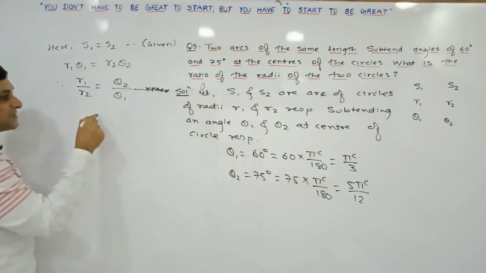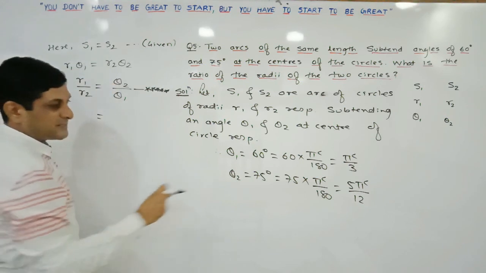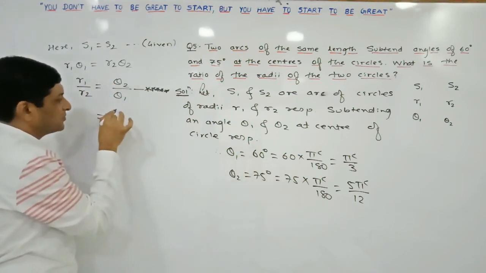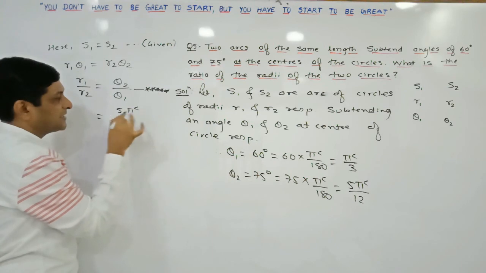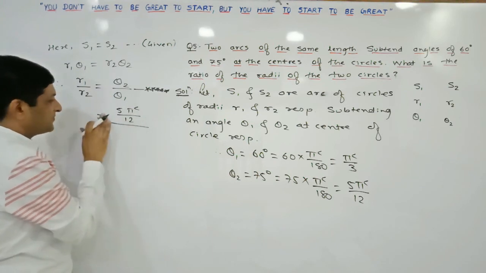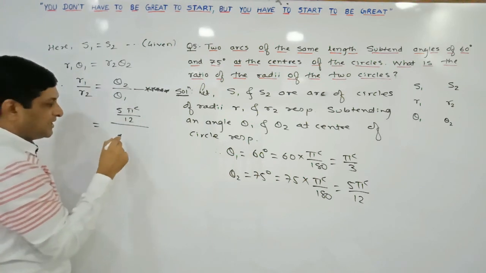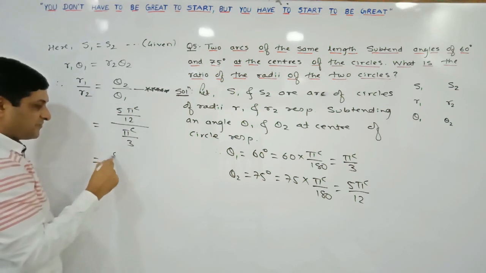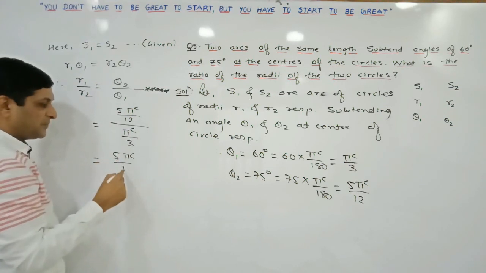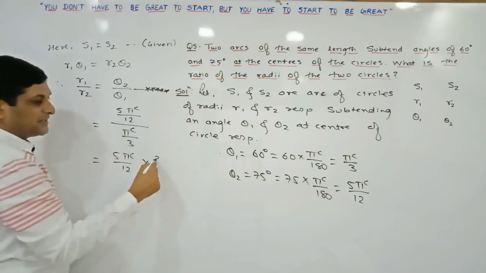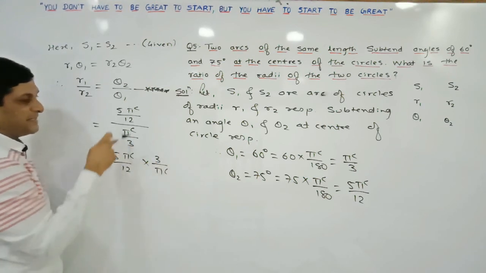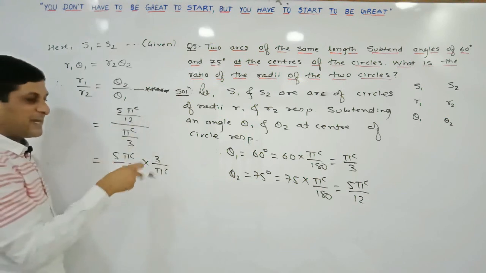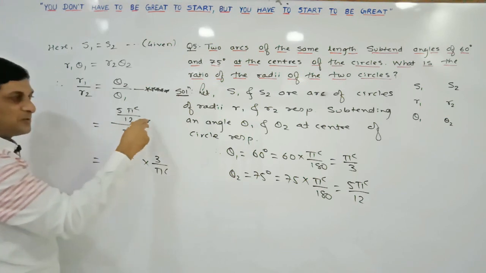So R1 by R2 is equal to, now I am replacing theta 2 by its value. What is the value of theta 2? 5 pi radian upon 12, and the value of theta 1 is pi radian upon 3. So 5 pi radian upon 12, keep it as it is, into 3 upon pi radian. This term is divided, so when multiplying we have to take its reciprocal.